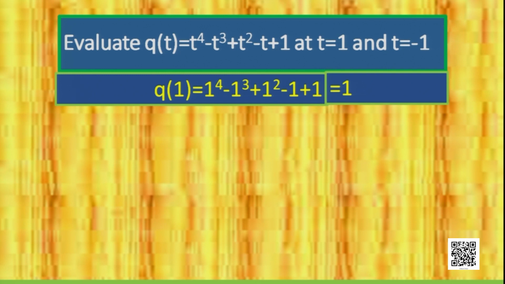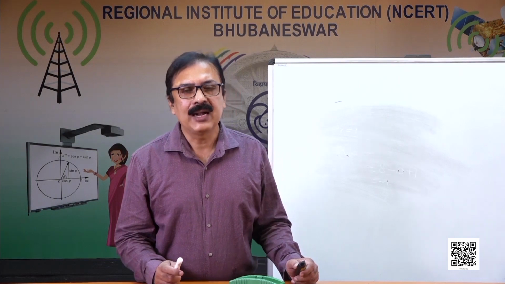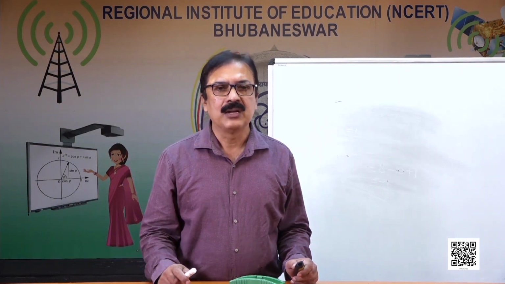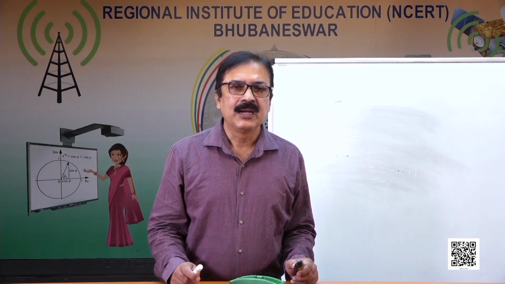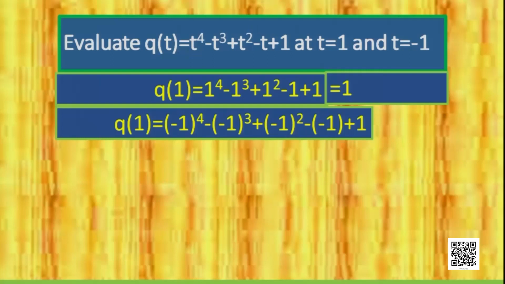Now what next? We have to find the value of the polynomial at t equal to minus 1. So replace t by minus 1. What do you see? Minus 1 to the power 4 minus 1 to the power 3 plus minus 1 square minus 1 plus 1.